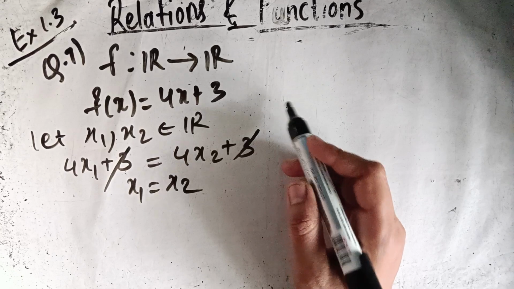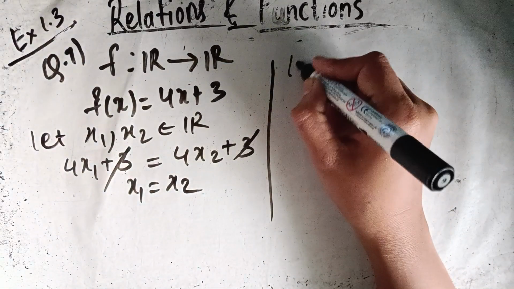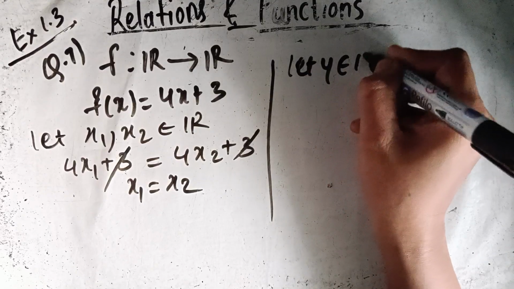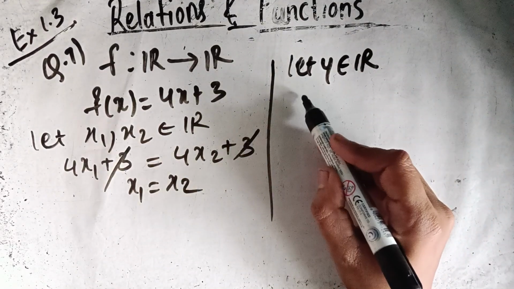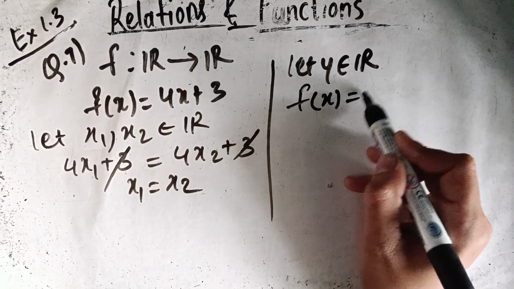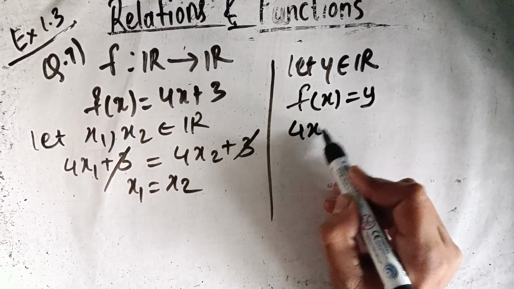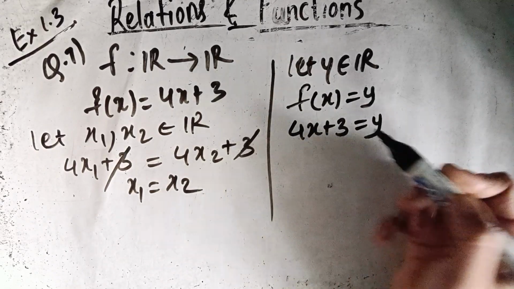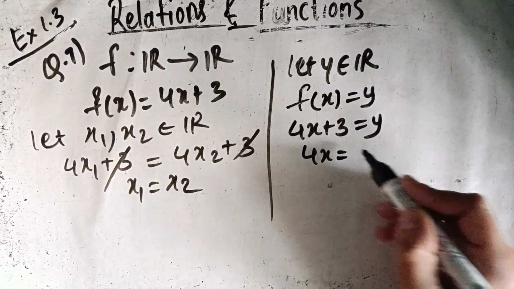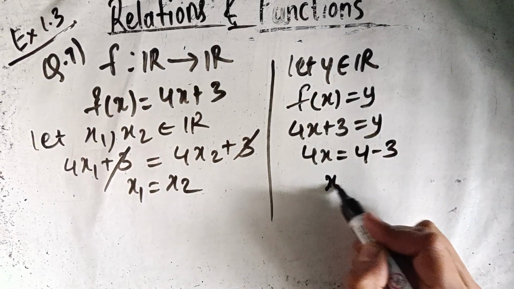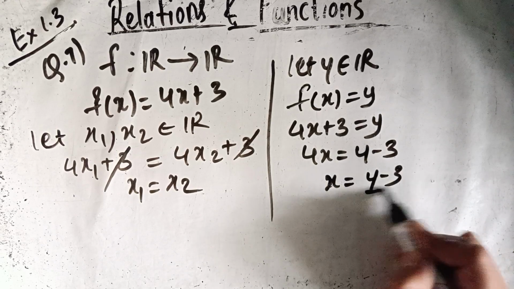Now for onto, let y belong to R such that f of x is equal to y. So 4x plus 3 is equal to y. So x is y minus 3 upon 4.